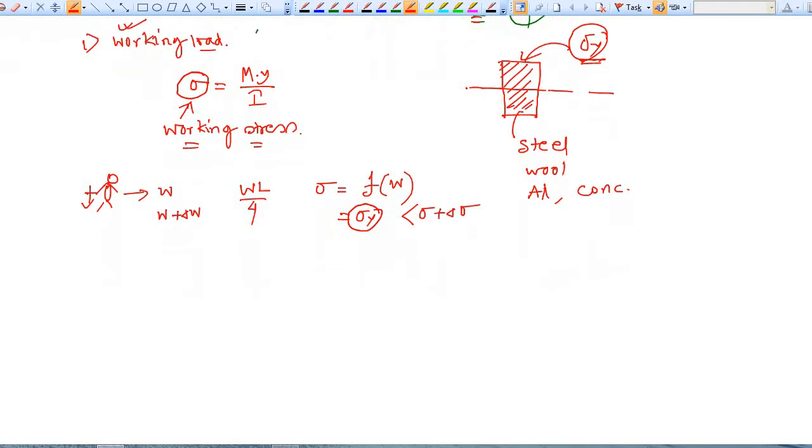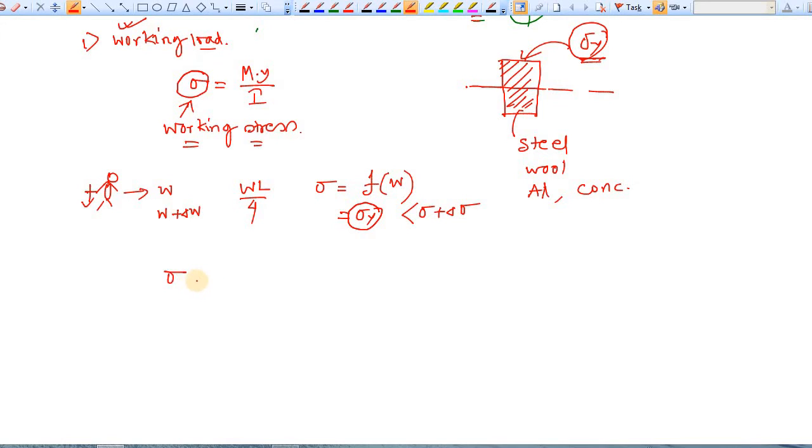That's why we restrict this stress value below the yield value, we keep some margin. Let's say this is sigma y, and we keep our stress up to here. This is sigma. So this is the range where we can increase our sigma value in case of emergency.